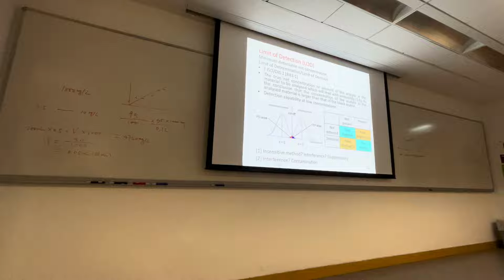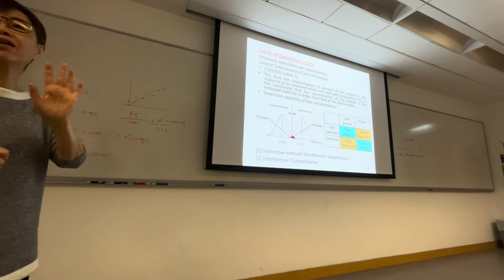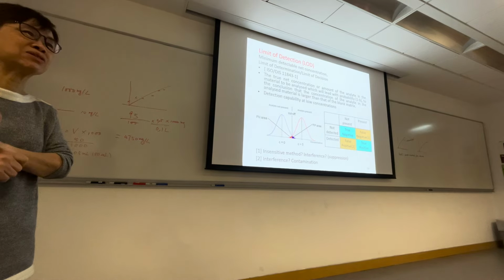That means if we allow 5% error, B will be 0.05. That means above the cutoff, we are certain at 95% that it is a positive sample. Not 100%, never 100, only 95%.